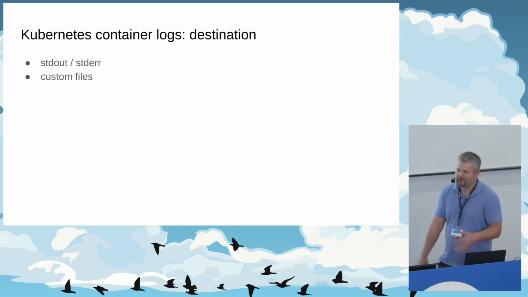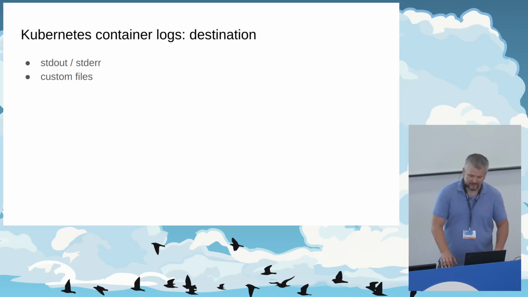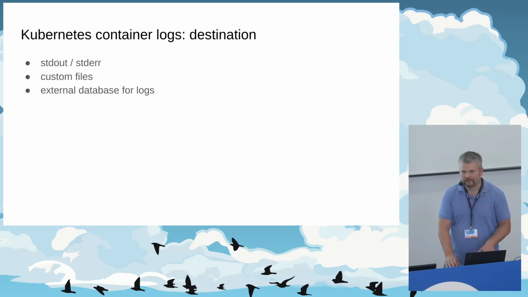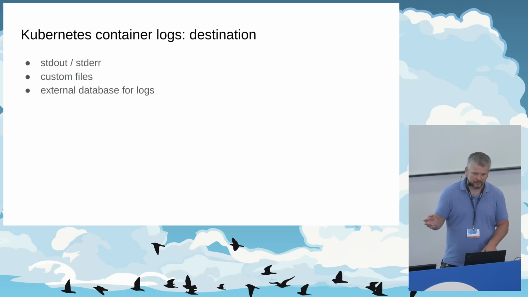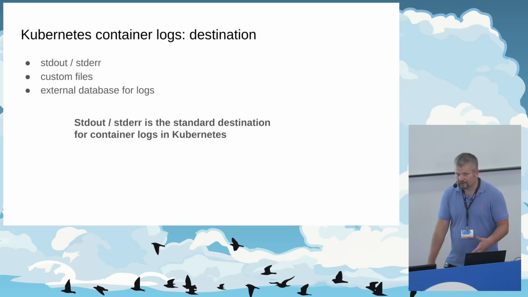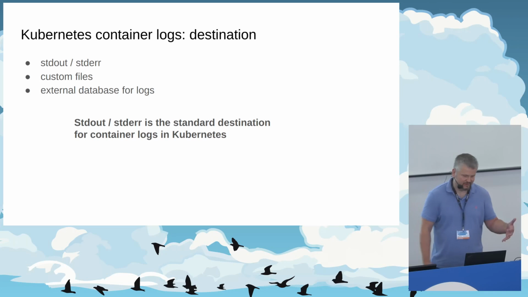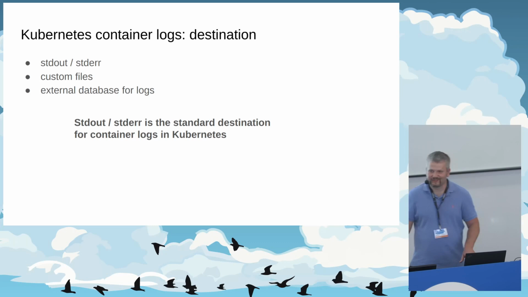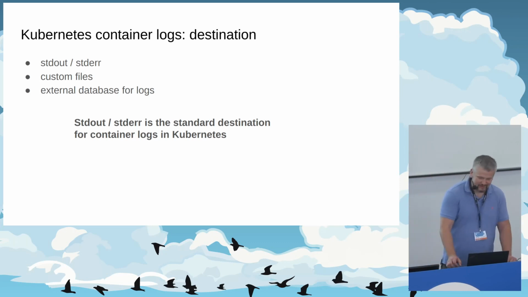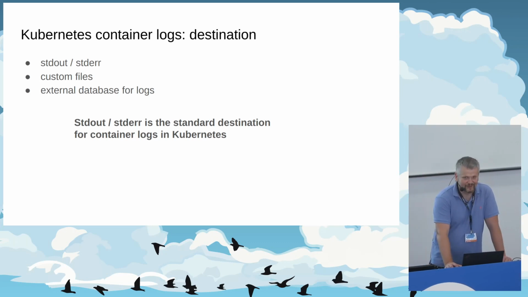They also can put their logs into custom files, and also they can push the generated logs directly to some external database for logs. And the common approach in Kubernetes for logs generation is to generate these logs into stderr and stdout. That's the Kubernetes native approach for generating logs. And Kubernetes components generate logs into stdout and stderr.